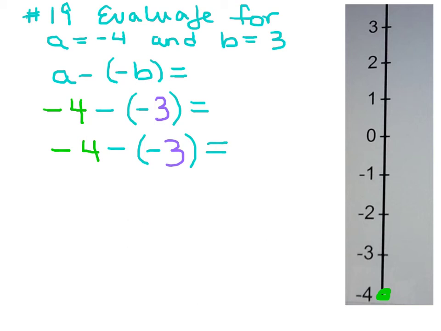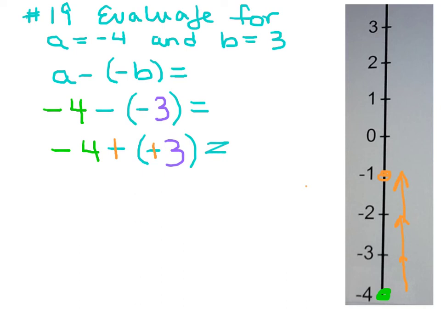So when we change both signs, this is going to end up being a plus, a positive. So from -4, I'm going to go up 1, 2, 3. So I'm going to end up here at -1. So there I am at -1.